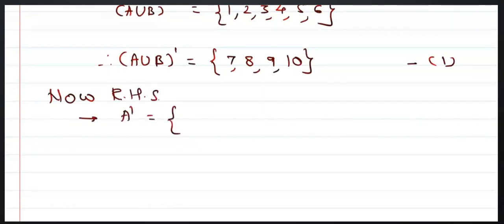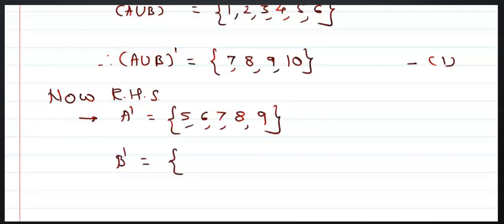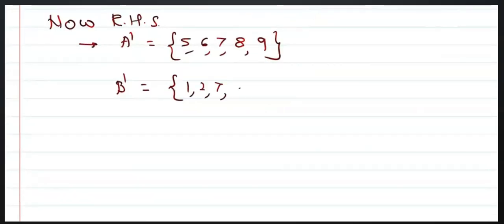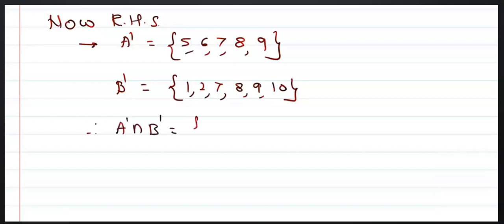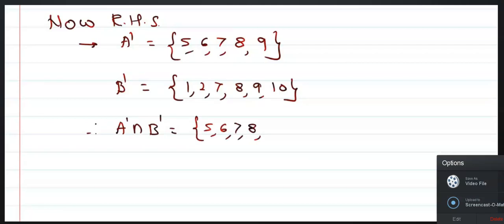Now the RHS, this is number 1. A complement is equal to the remaining elements. B complement, these are the elements. We can write now, you can see the set A. Now their intersection, the common elements.